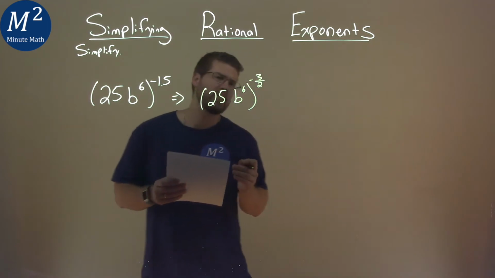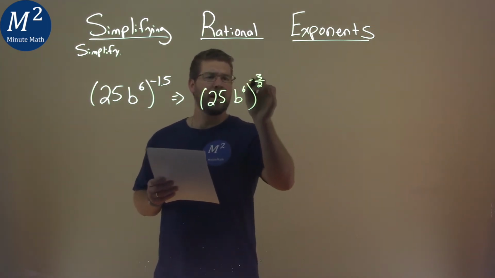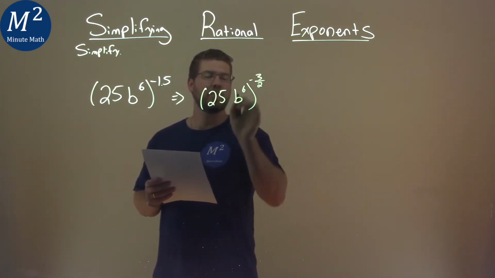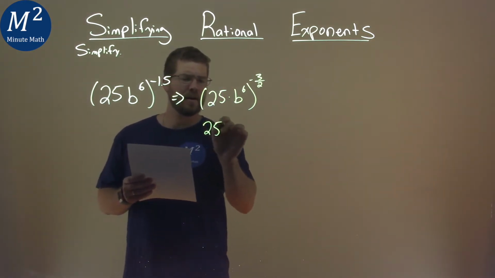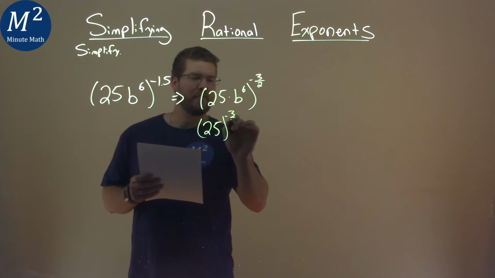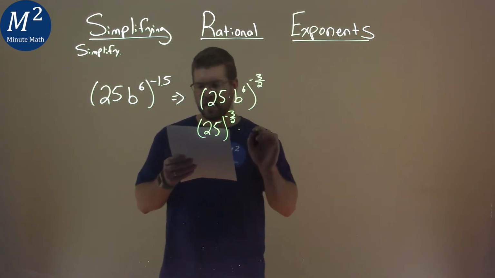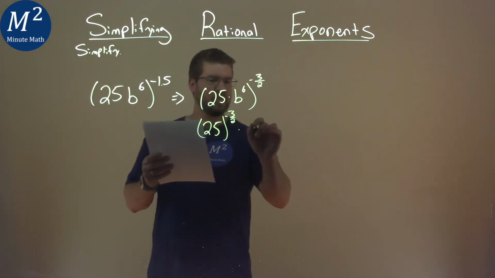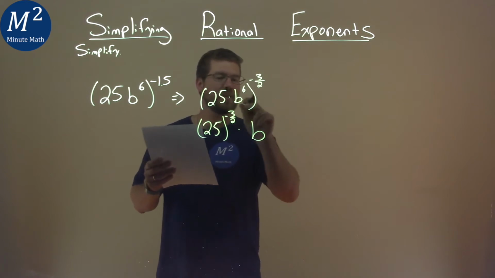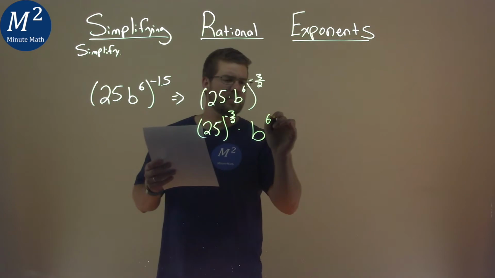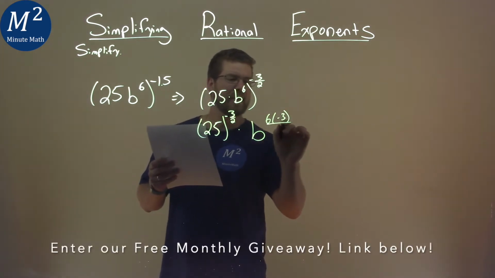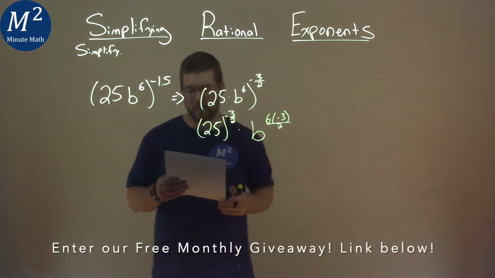Now our rules with exponents, for multiplying that out, we're distributing essentially to both parts here, this being multiplied. So to do that, we have 25 to the negative 3/2 power times b to the 6 gets multiplied by the negative 3/2, and so it's 6 times a negative 3/2, and that's all to the power.